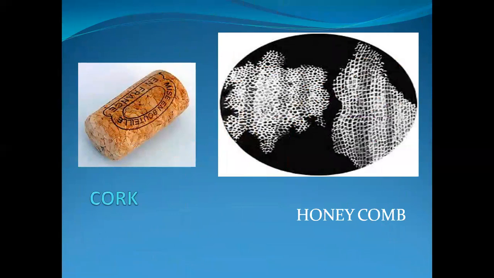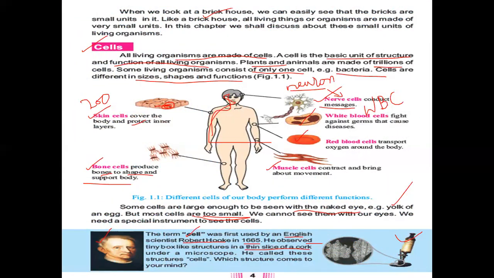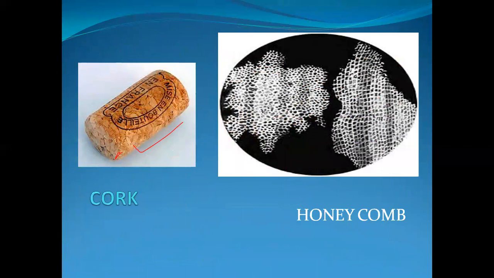Can you guess? This is cork. It is made up of wood and it is used as a stopper at the mouth of the bottle. He took a piece of that cork and saw it under the microscope, and he saw this type of structure. You see this type of structure?